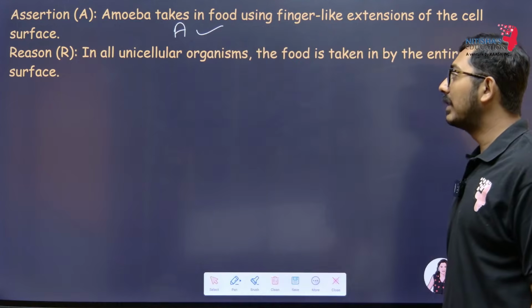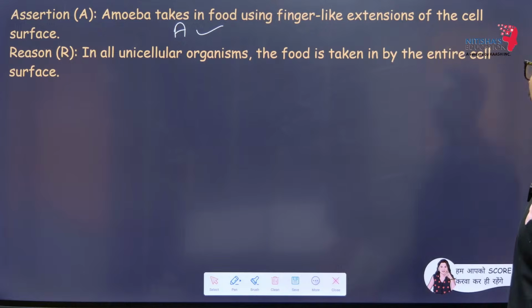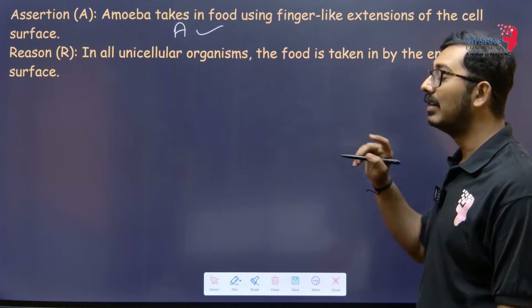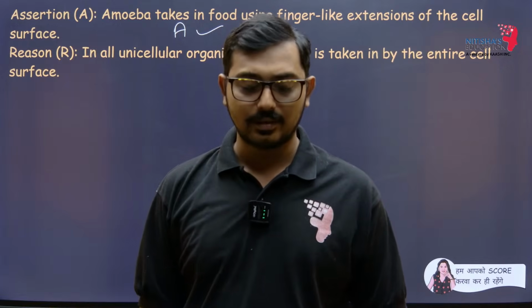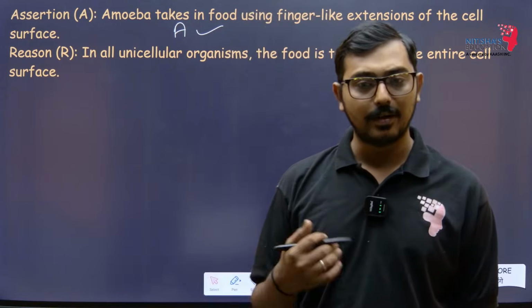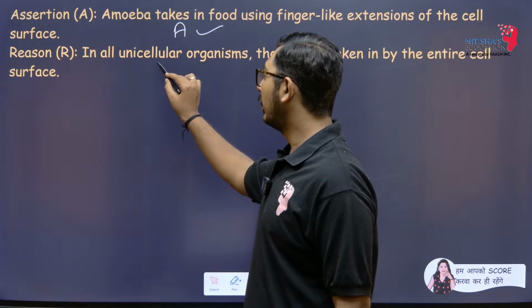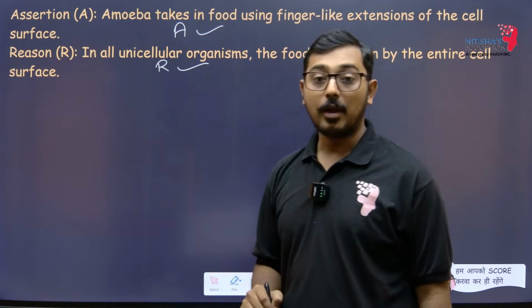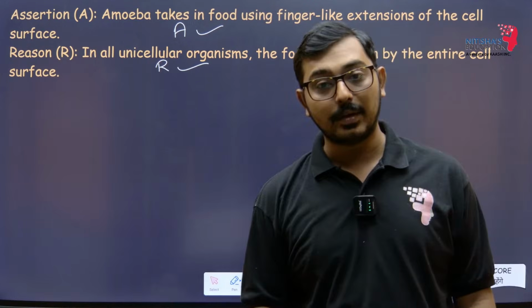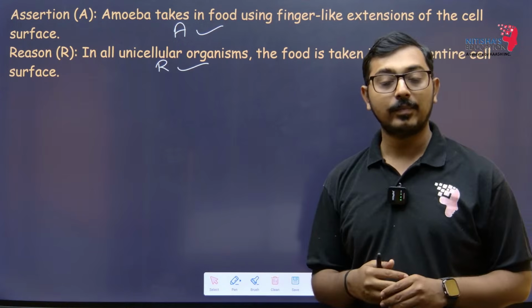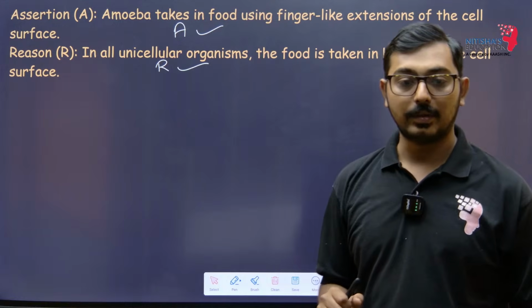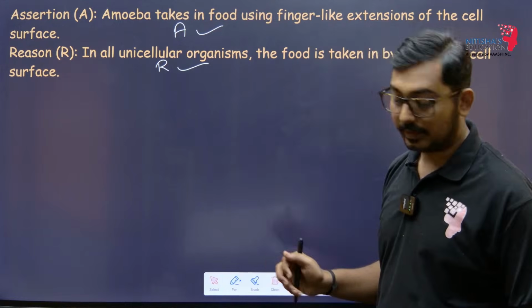What about reason? In all unicellular organisms, the food is taken in by the entire cell surfaces. That is also correct. Entire unicellular organism it is, then it will be covered by the entire cell. So reason is also correct. But is the reason a correct explanation of it? Then no, reason is not the correct explanation of the answer.